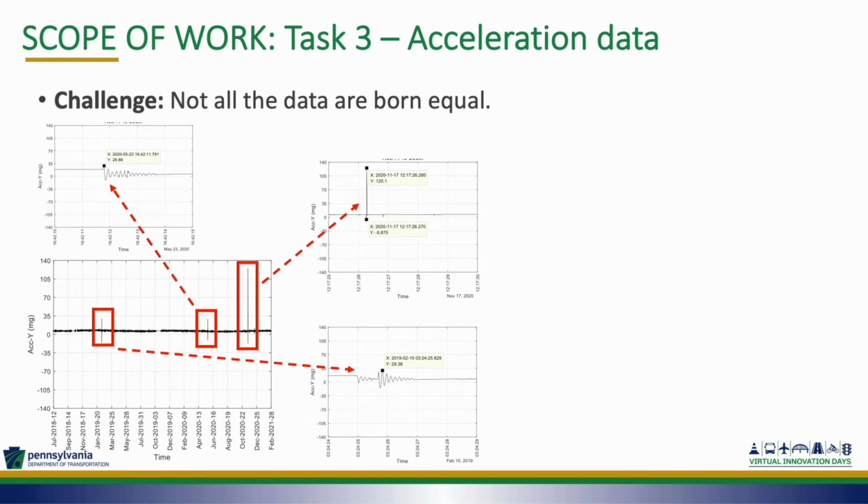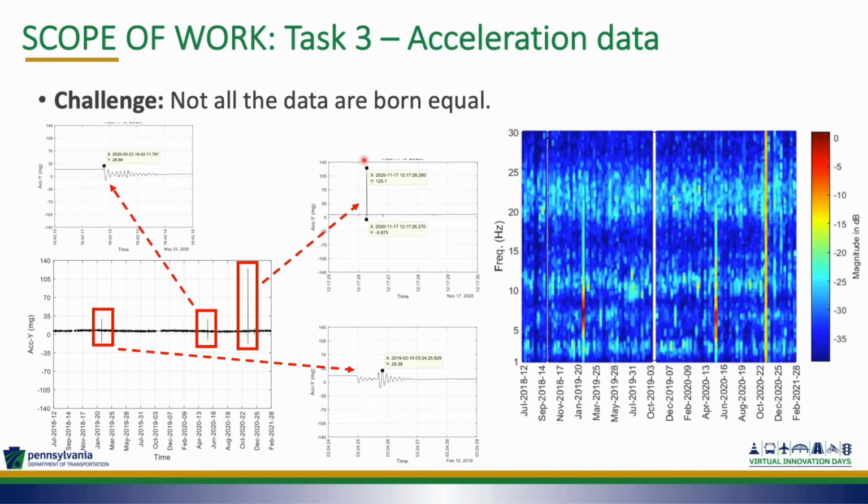Another example presented here is the analysis of the acceleration data from another bridge. Some of these peaks are actually false positives associated with electromagnetic interference, but overall we developed a signal processing strategy that was able to determine the natural vibration of the part of the bridge where the accelerometer was located.